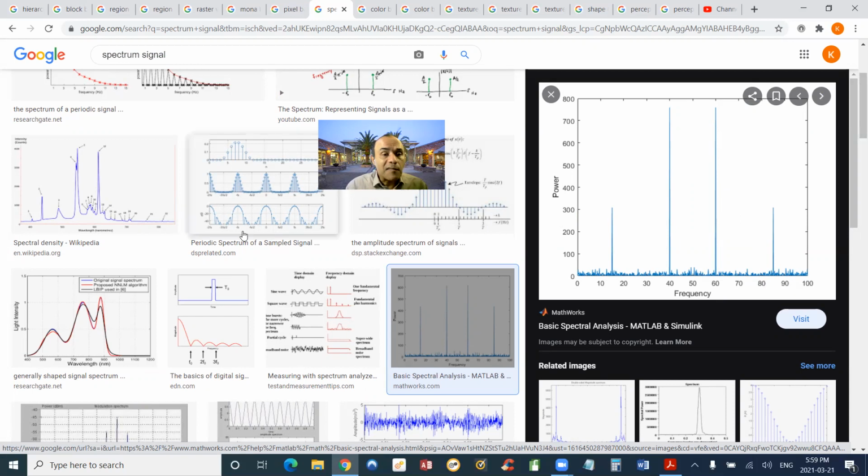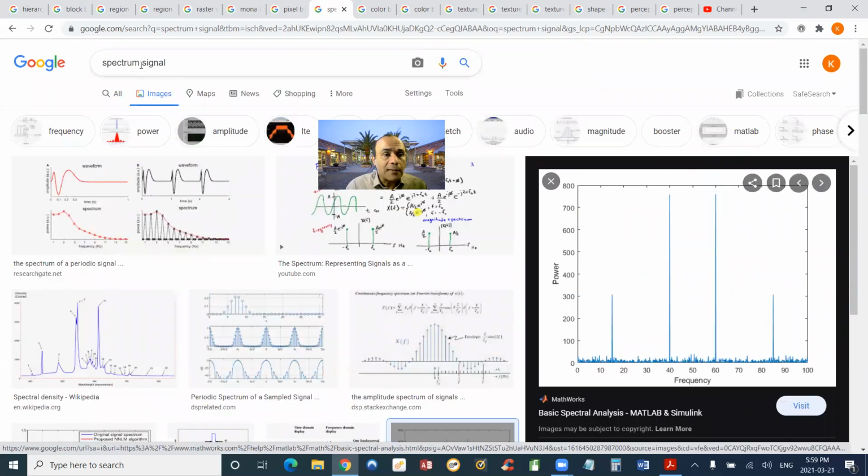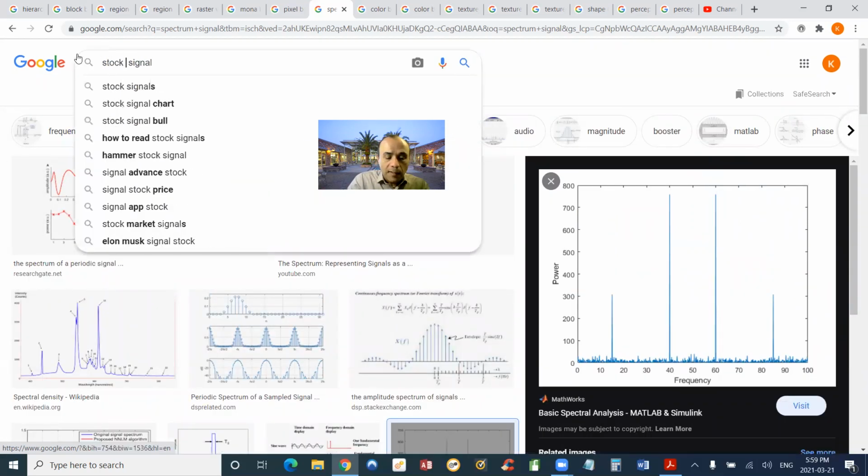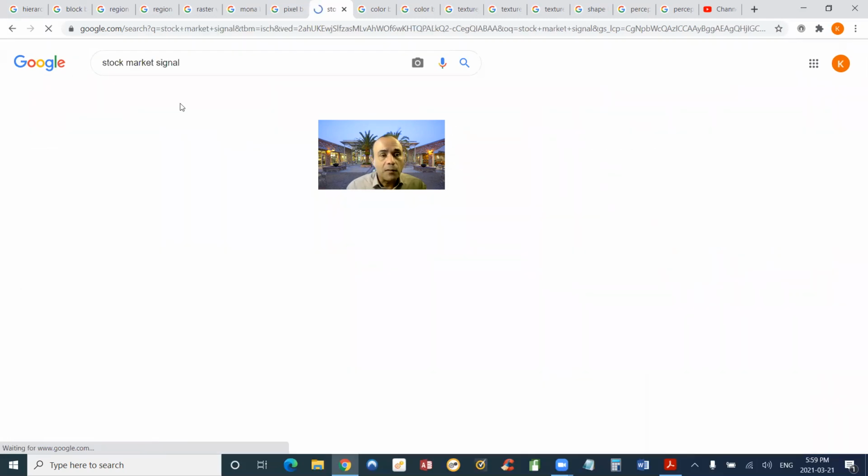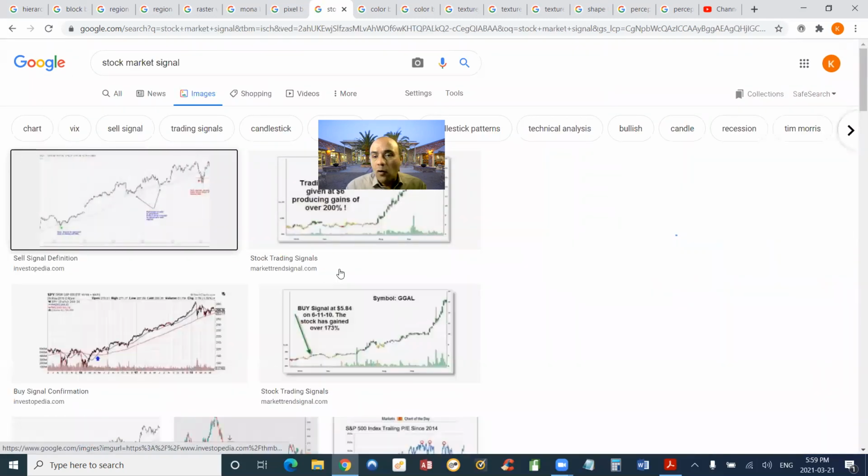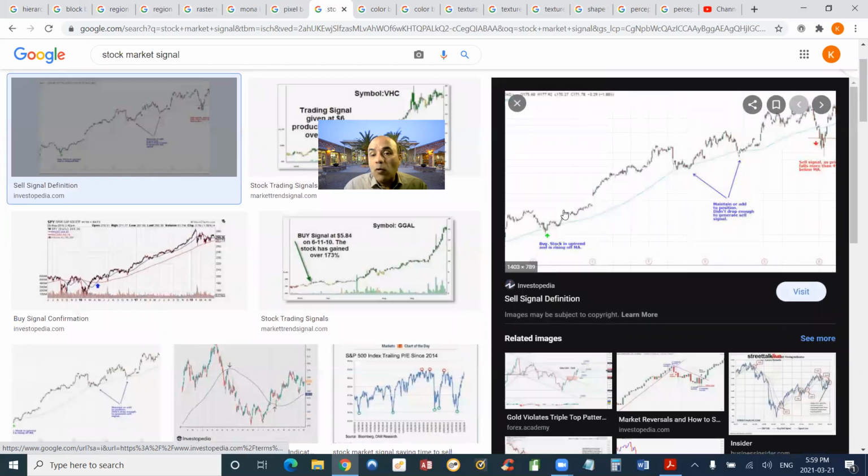When you take a look at a stock market signal, the stock market signals are quite fast if you zoom in. So therefore, they have high frequency components, day trading or high frequency trading anyway.